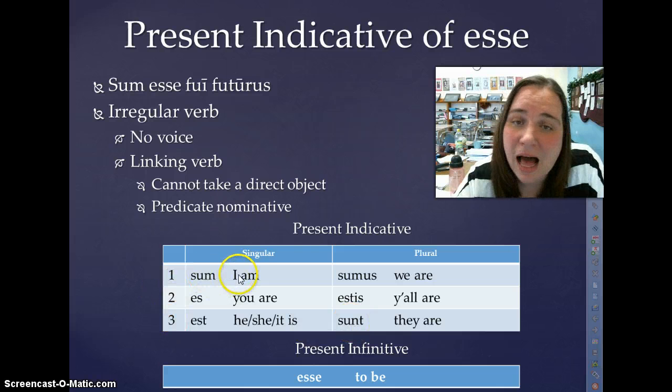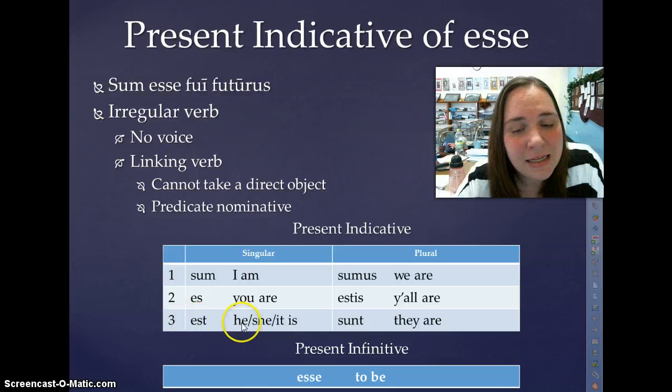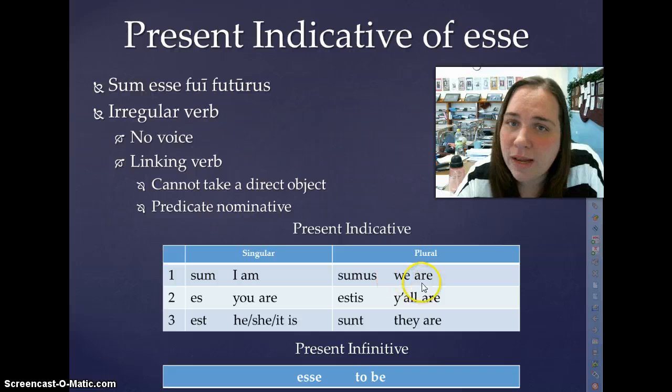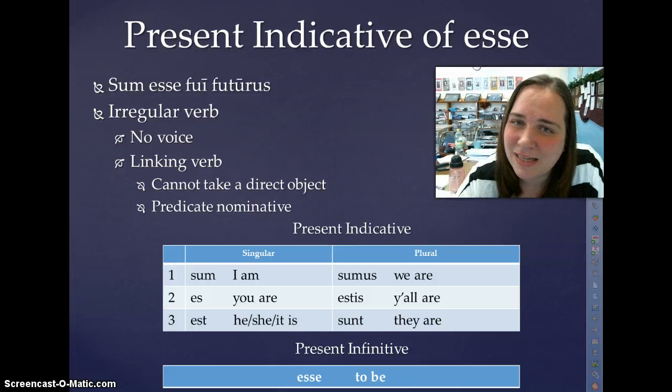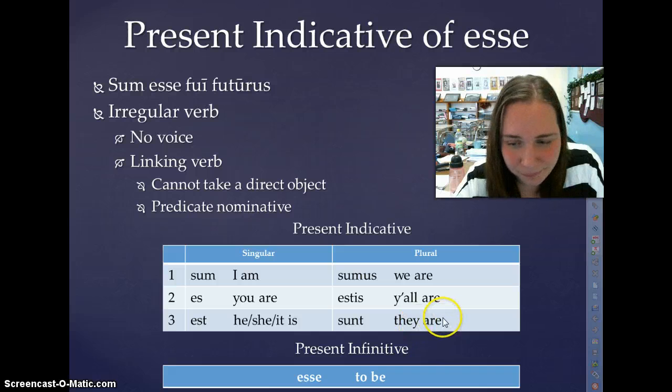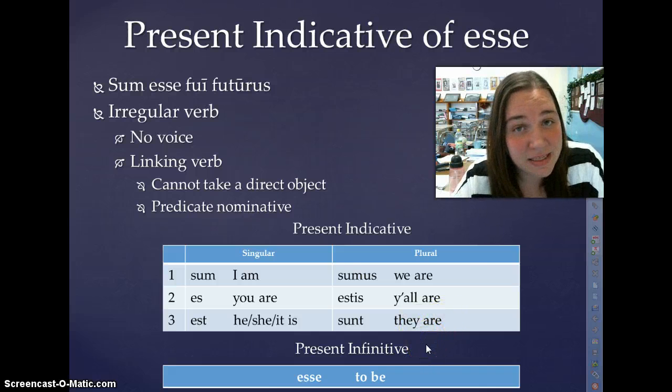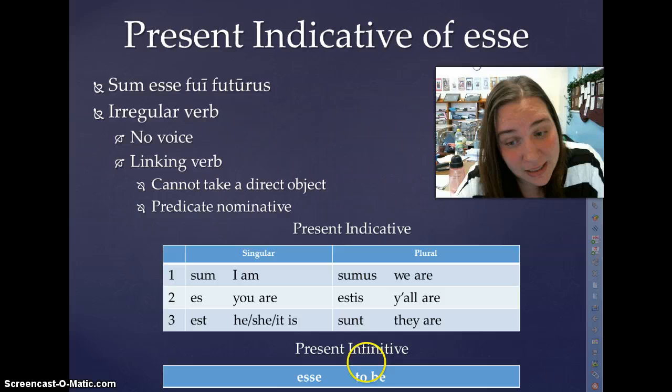So sum, meaning I am; es, you are; est, he, she, it is; sumus, we are; estis, you are in the plural, or if you're from DC and south, you can say y'all are; and sunt, they are. In addition, this verb does have a second principal part, therefore it does have a present infinitive, that is esse, and it means to be.